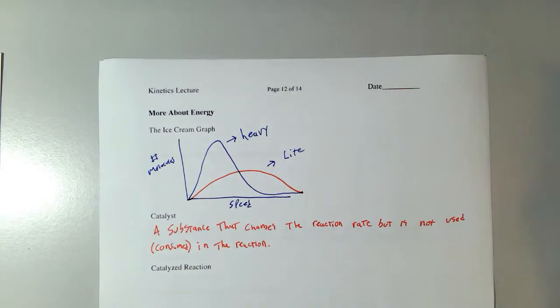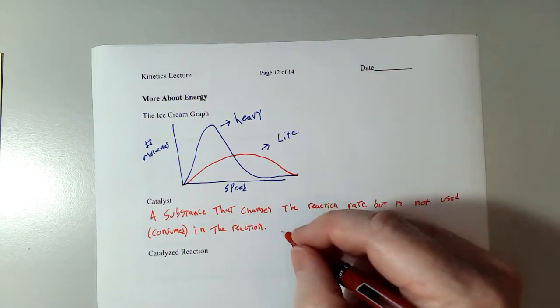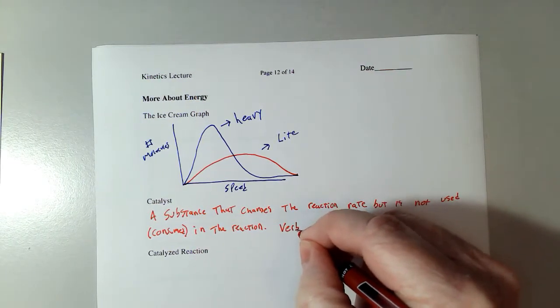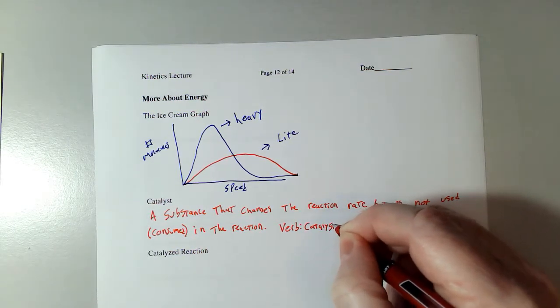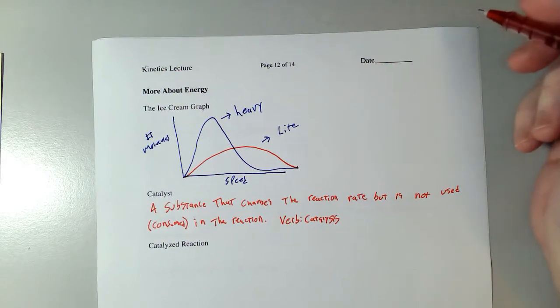Now, catalyst, as we're saying, is a noun. The verb version would be catalysis, which would be a process.